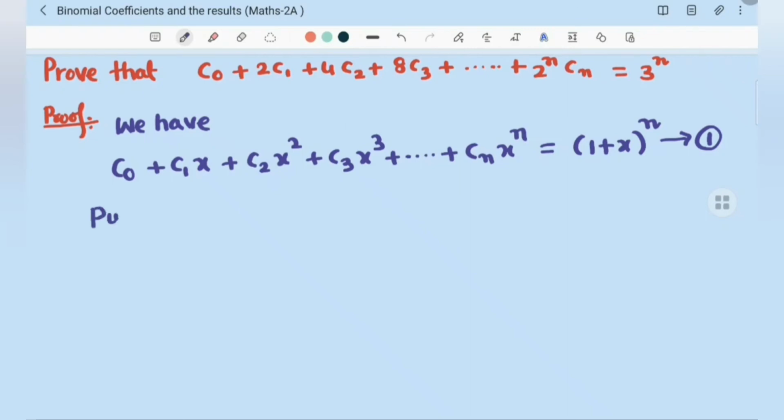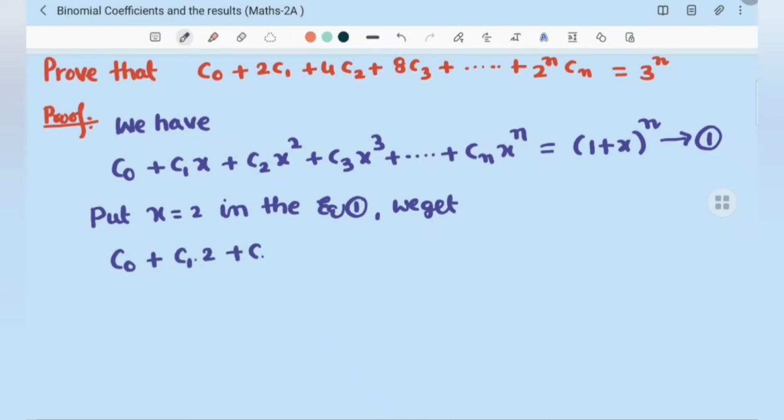Put x is equal to 2 in the above result, otherwise in the equation 1, we get C0 plus C1 into 2 plus C2 into 2 square plus C3 into 2 cube plus and so on Cn into 2 power n is equal to 1 plus 2 whole power n.